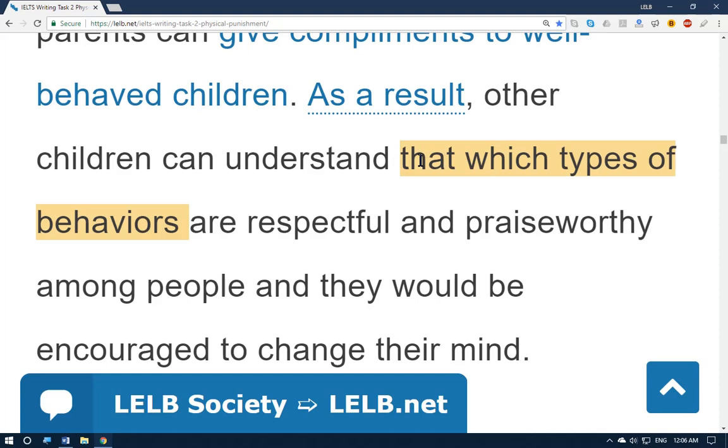Understand that actually had better be omitted. To understand which types of behavior, and also behavior again had better be omitted.